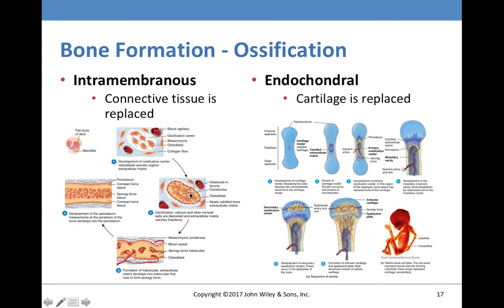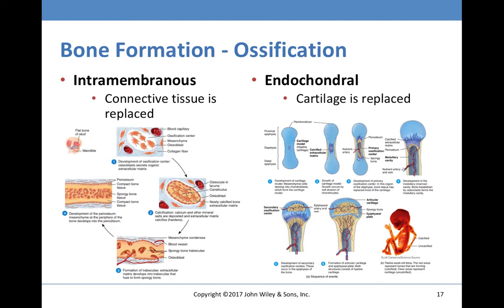That matrix then begins to surround the cells and begins to calcify. And so the process of calcification, where we take calcium and other minerals and salts and deposit them into the matrix, causes it to harden. And our osteoblast type cell, so that builder cell, becomes an osteocyte, or the maintenance type cell.